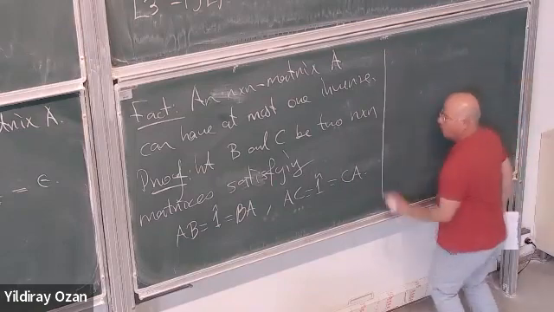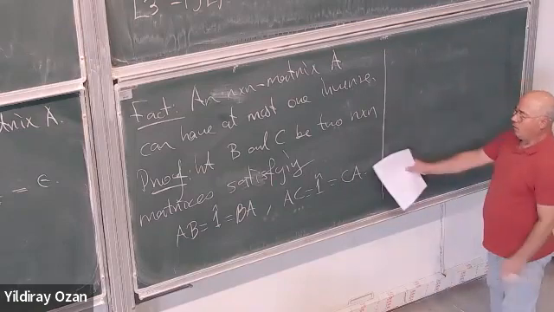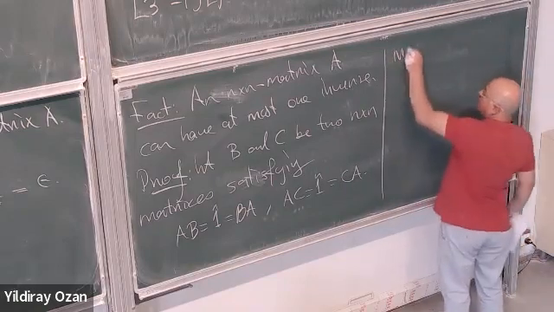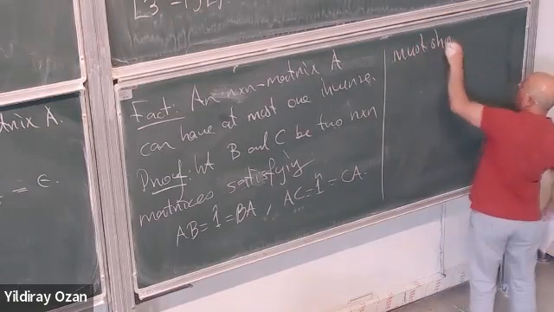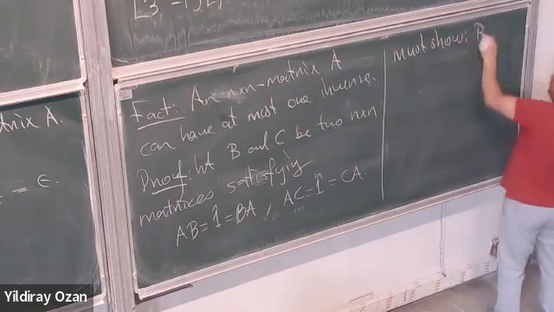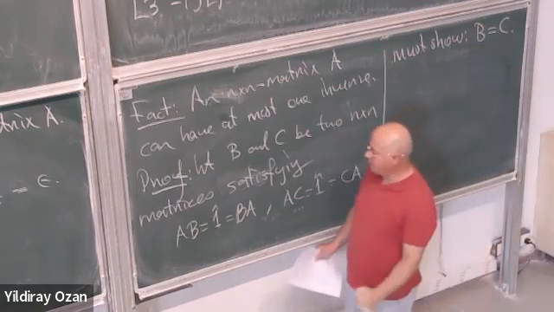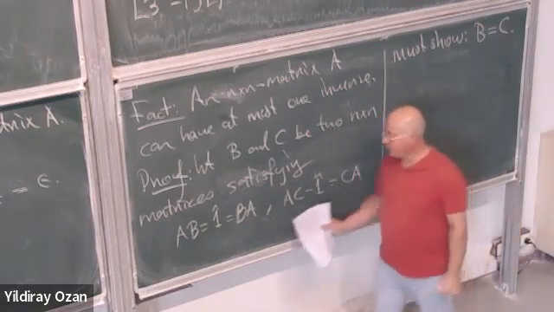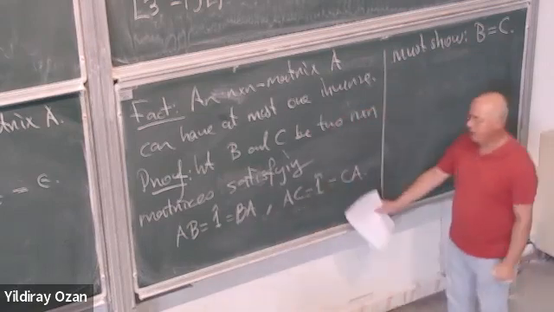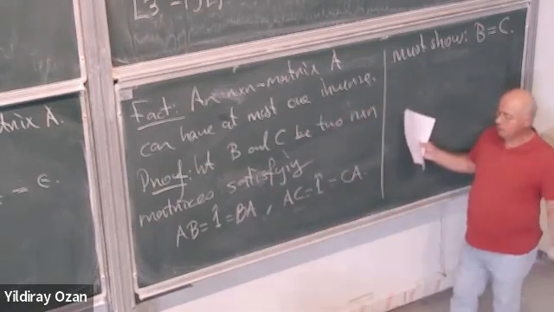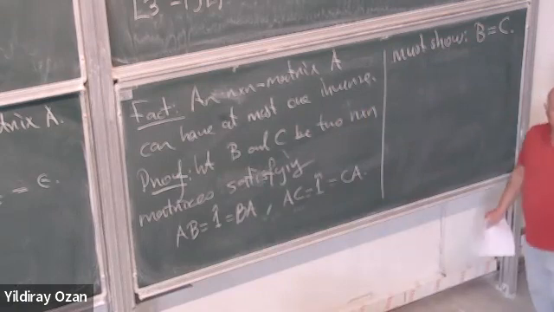Okay. We must show what? Must show B is the same as C, right? If there are two matrices satisfying the inverse property, then actually they have to be the same.